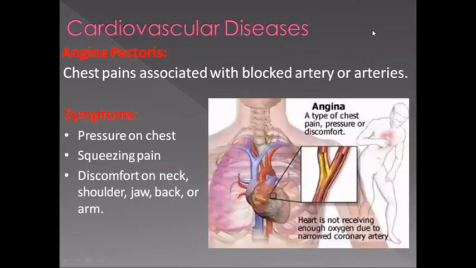Next we have angina pectoris, or chest pains associated with blocked artery or arteries. So chest pain, the medical term is angina pectoris. The symptoms are pressure on the chest, squeezing pain, discomfort in the neck, shoulder, jaw, back, or arm.